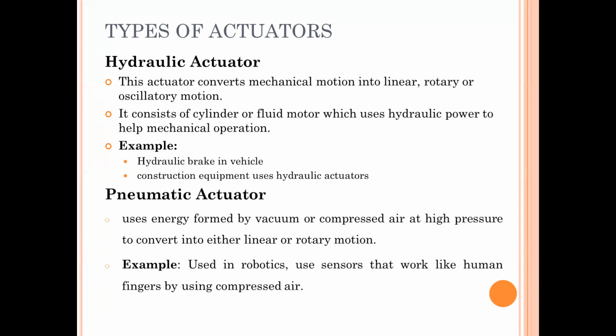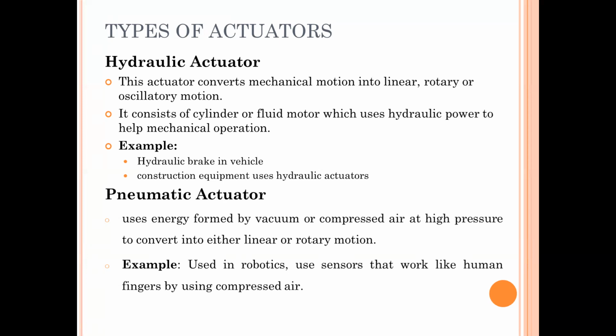A hydraulic actuator converts mechanical energy into an oscillatory or a linear motion. It consists of a cylinder or a fluid motor which uses hydraulic power to help the mechanical operation. An example of a hydraulic actuator is the hydraulic brake in vehicles, or construction equipment which uses hydraulic actuators.